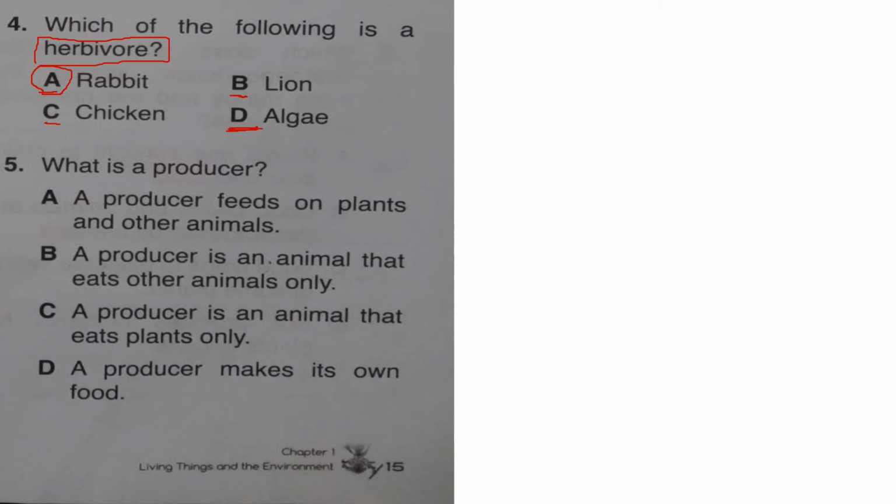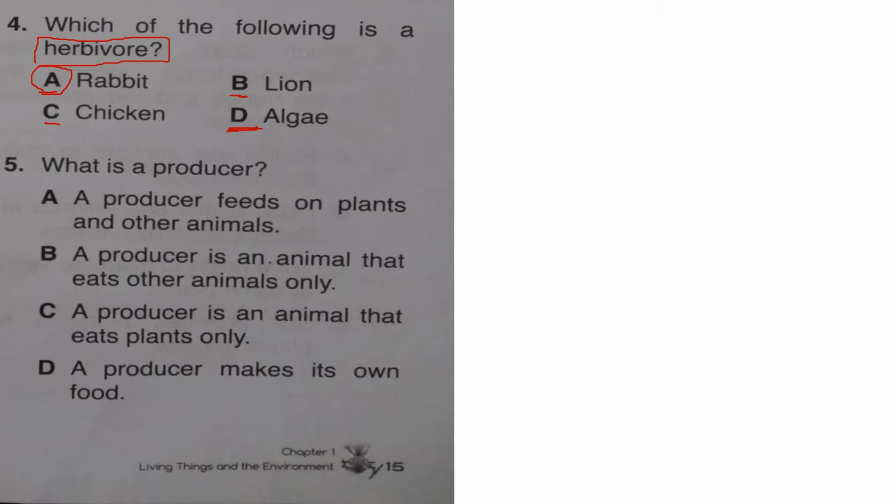Number 5, what is a producer? Letter A, a producer feeds on plants and other animals. Letter B, producer is an animal that eats other animals only. Letter C, a producer is an animal that eats plants only. Letter D, a producer makes its own food. What do you think is the answer here? Do you remember the food chain? In the food chain, producers are plants.